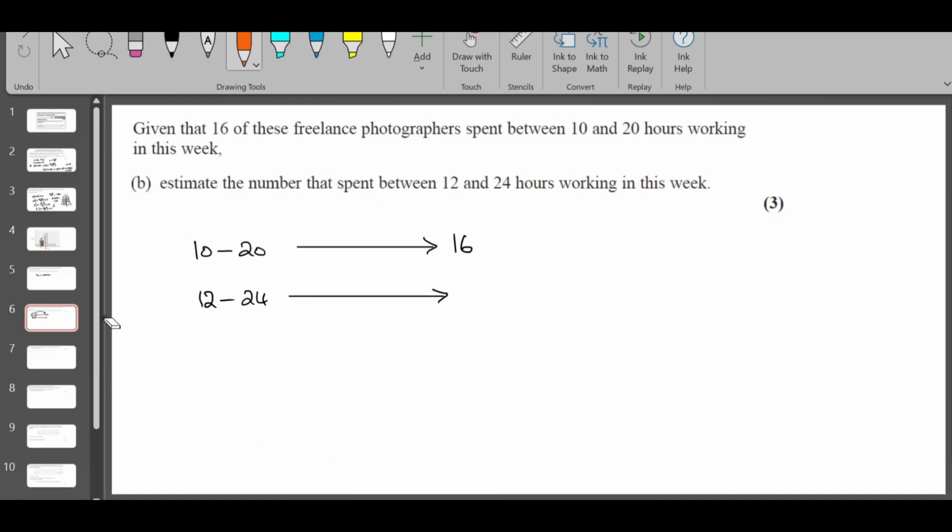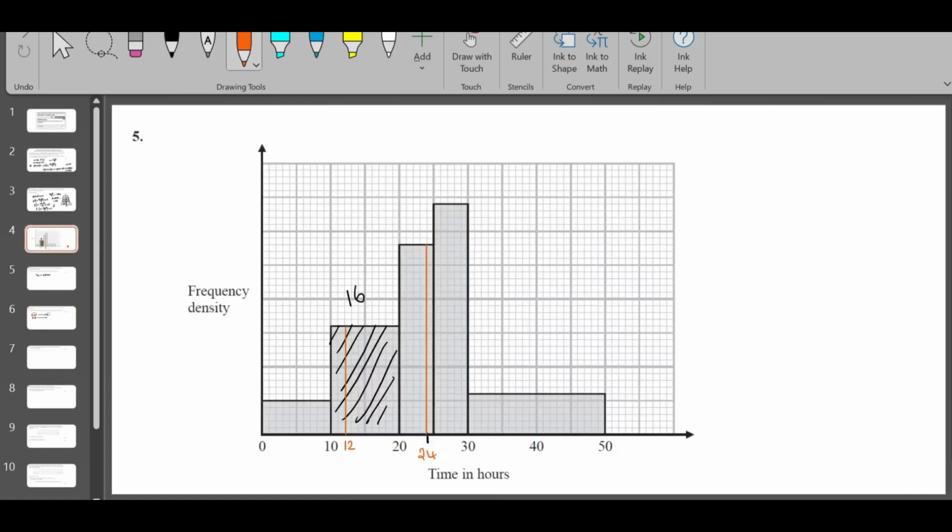Okay. Now, let's look at 10 to 20. It says 16, right? So this bar represents 16 photographers. So find the area of the bar. Here it's 20 minus 10, which is 10. The height, you can take it as 1, 2, 3, or if you want, you can take it as 0.5, 1, 1.5.